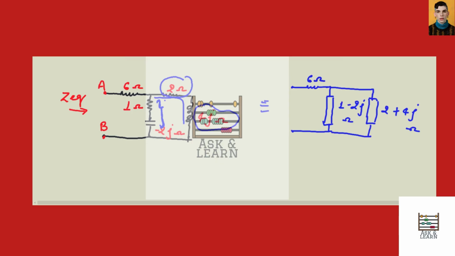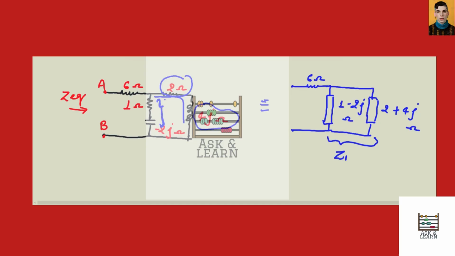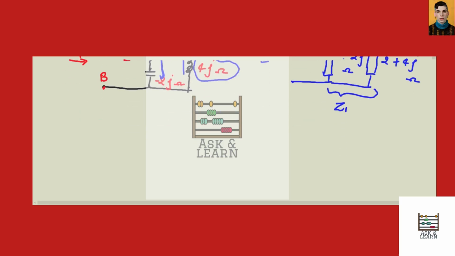Let's suppose the equivalent impedance across these two is Z1. You already know the formula for the equivalent impedance if the impedances are in parallel. Suppose one of them is Z1 and the other one is Z2; this is the formula for finding the equivalent impedance if two different impedances are in parallel combination, right?